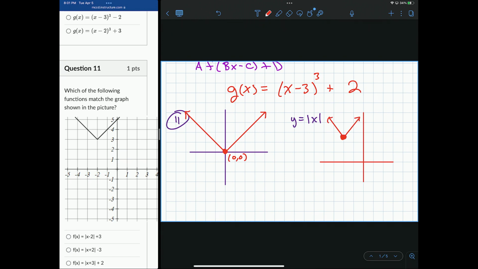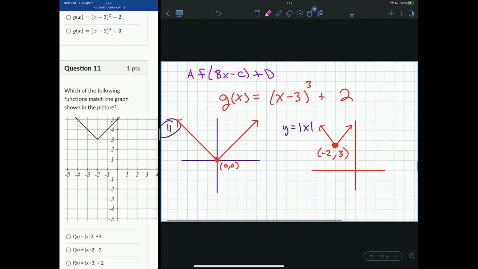That corner looks like it's at -2 for the x value and +3 for the y value, right? So it's clearly been moved. And how far has it been moved? Well, if it started here, then it moved 2 units that way, and it moved 3 units that way, which is up, right?